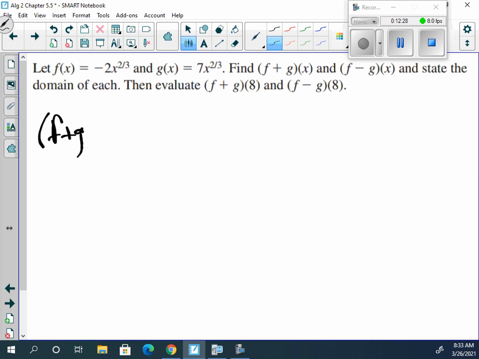So f plus g of x. As we said, this is f of x plus g of x, as we're adding those two functions together.